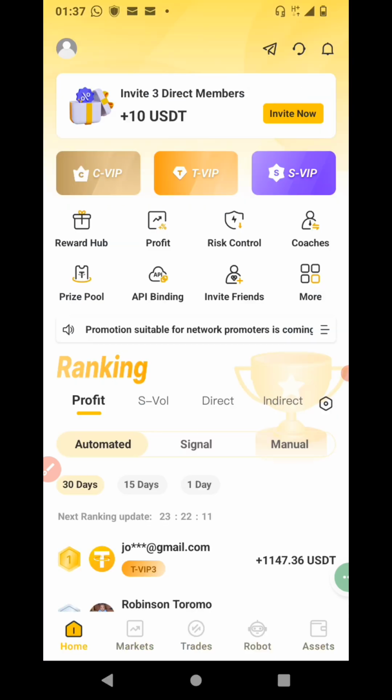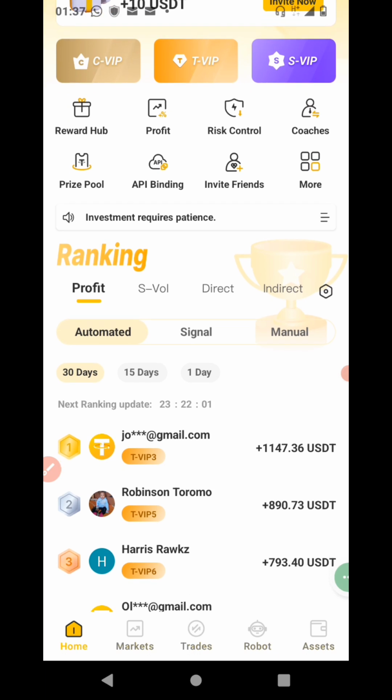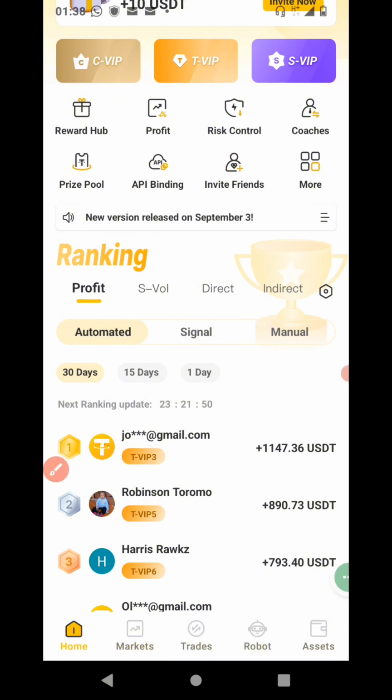Let's go. All right, now to the third strategy that I promised you in part 1 that I was going to show. Now the third strategy is what we call the magical settings. The first thing you do from the home page is to click on trades for the magical settings.